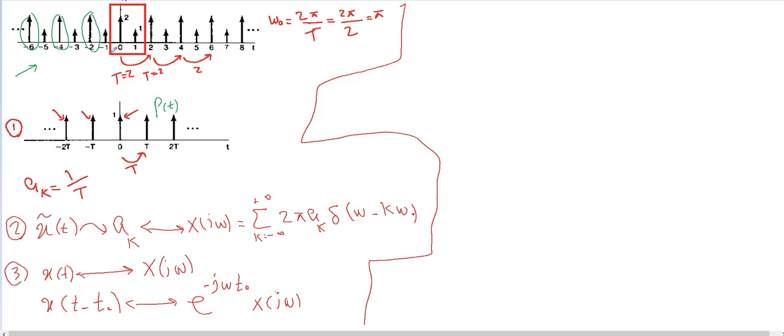And the second impulse train has an amplitude of 1 and also a period of 2.